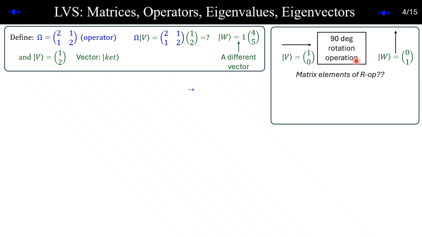Do you agree? Now mathematically, how do you define the matrix elements of an operator? That you can define. Here you will see that the matrix elements will be cos phi, sin phi, minus sin phi, stuff like that. That will be your homework problem. But are you getting the point?